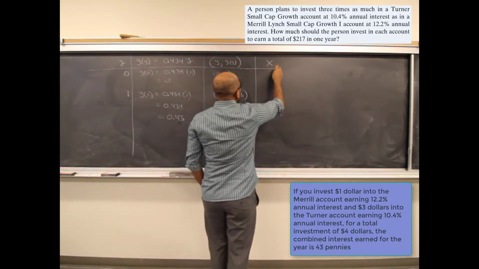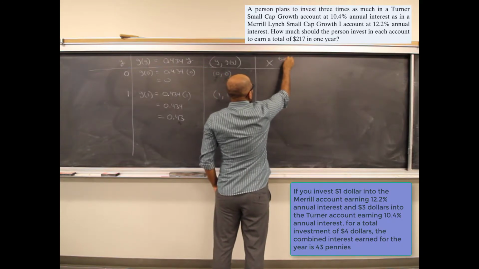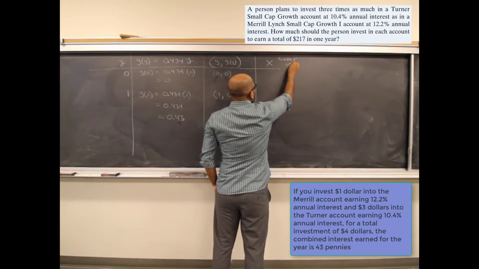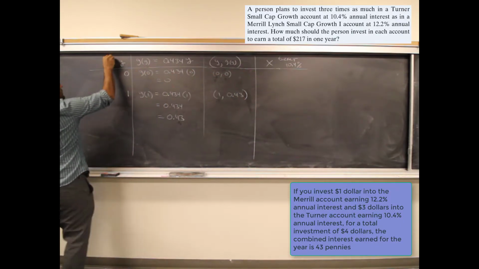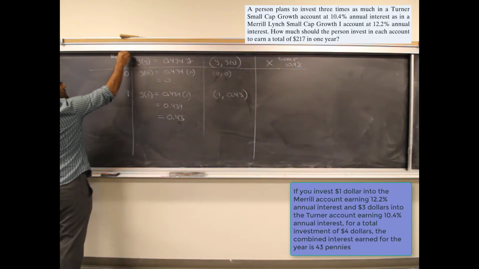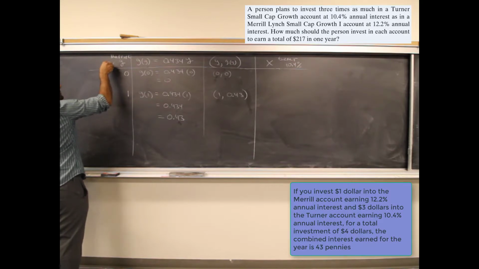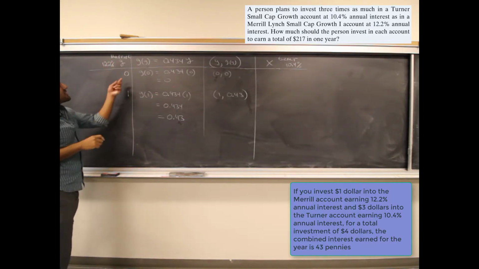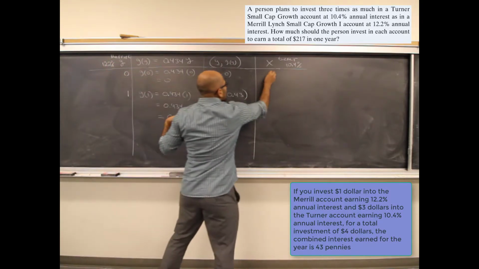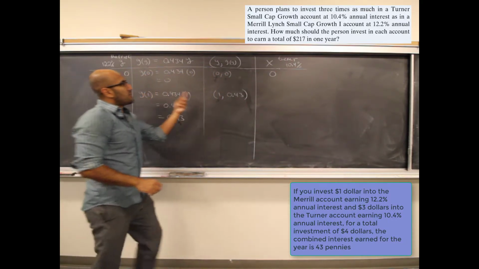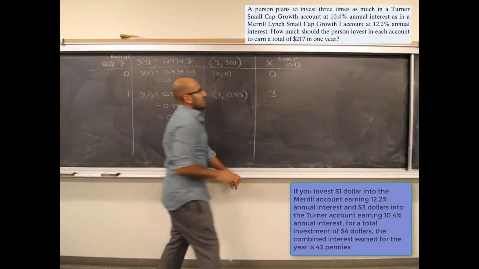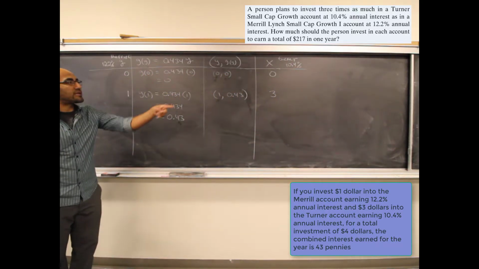Where x was the Turner at 10.4% return, and y was the Merrill at 12.2% return. So if we invest $0 into here, then that means we invest $0 into there. If we invest $1 into Merrill, that means we invested $3 into Turner, right? Because we invest 3 times as much.